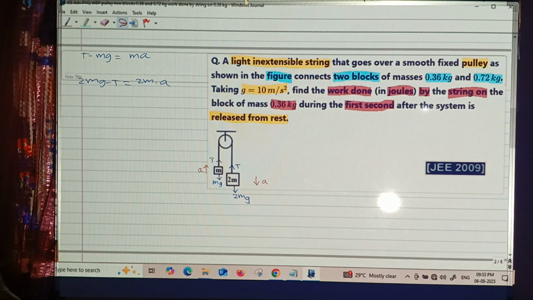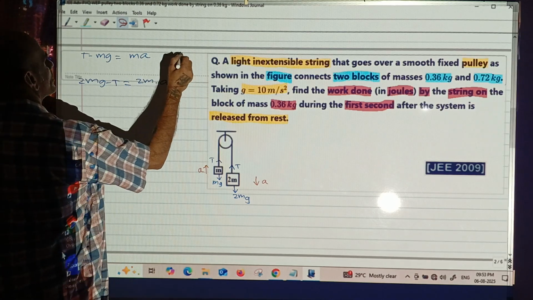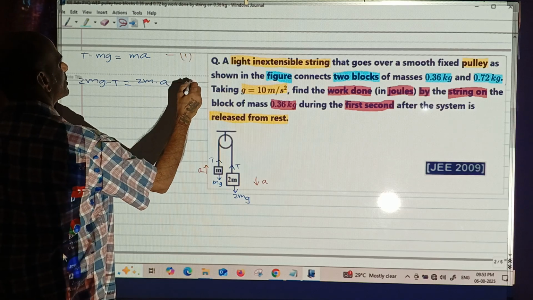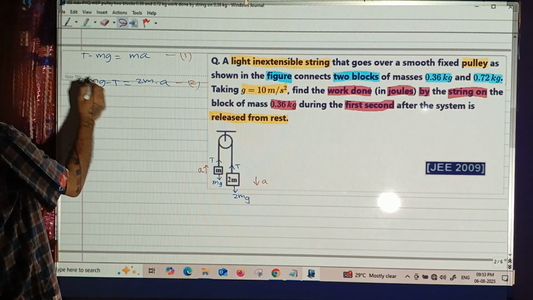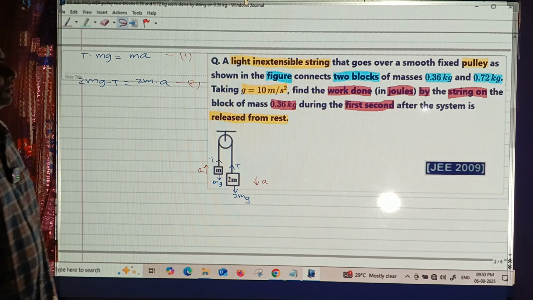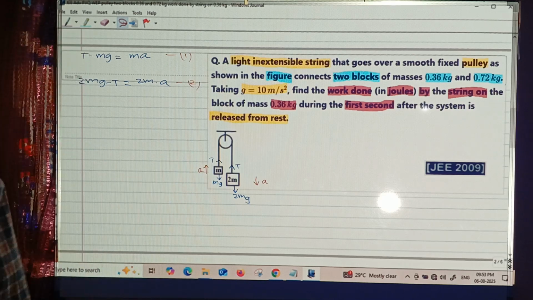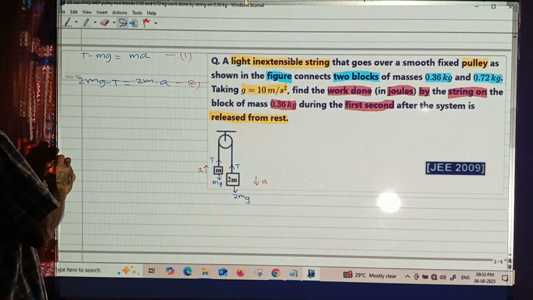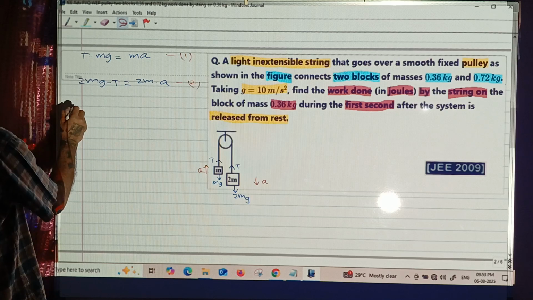So you have two equations and two unknowns. One is the tension, other is the acceleration. We have to find the tension because we have to find the work done by the tension. So to get tension, we have to eliminate a.